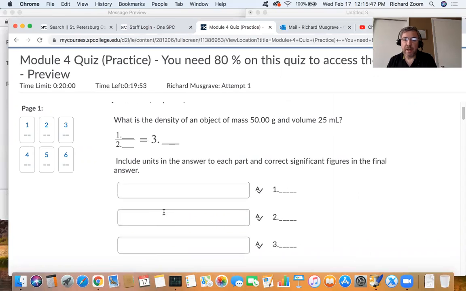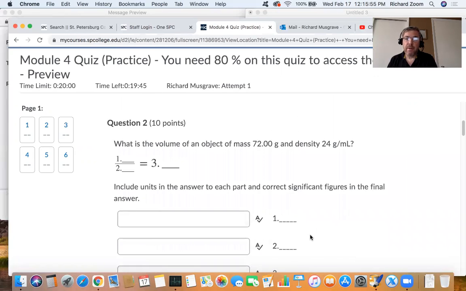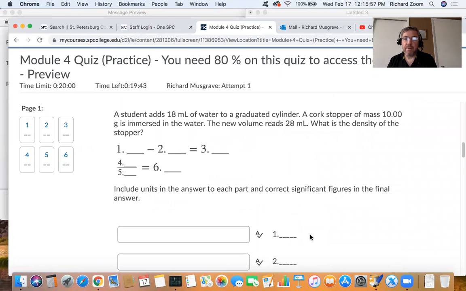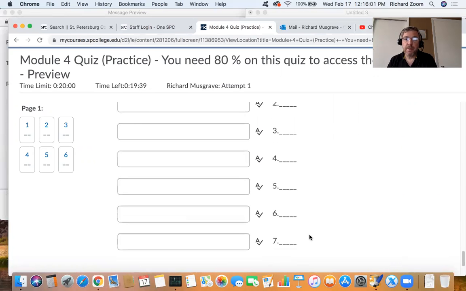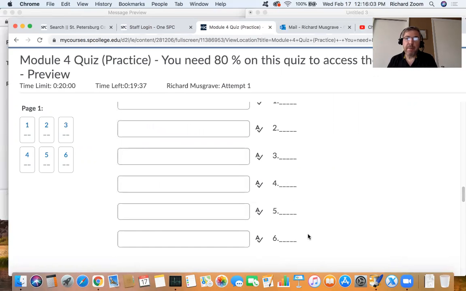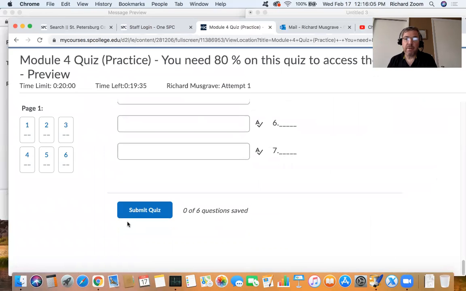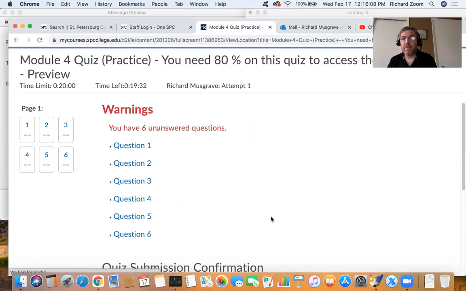It shouldn't be that hard to get 80%, but the formatting is very much the same as what it was from module 3, so you shouldn't even really need to worry too much about submitting it blank. But it's your option to do so. Your credit quiz is going to be pretty much the same thing, just with different numbers, different measurements, that kind of thing.